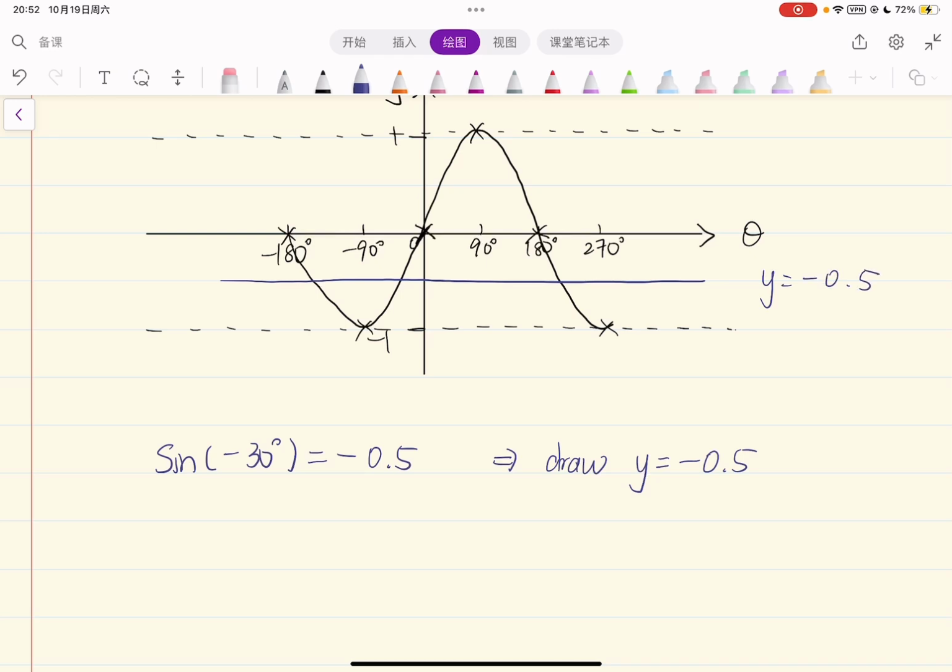It tells you that sine of minus 30 degrees equals minus 0.5. In here, we know that theta equals minus 30 degrees. And we can see there are two further points. One is over here, another one is over here. Now we want to find these two values.